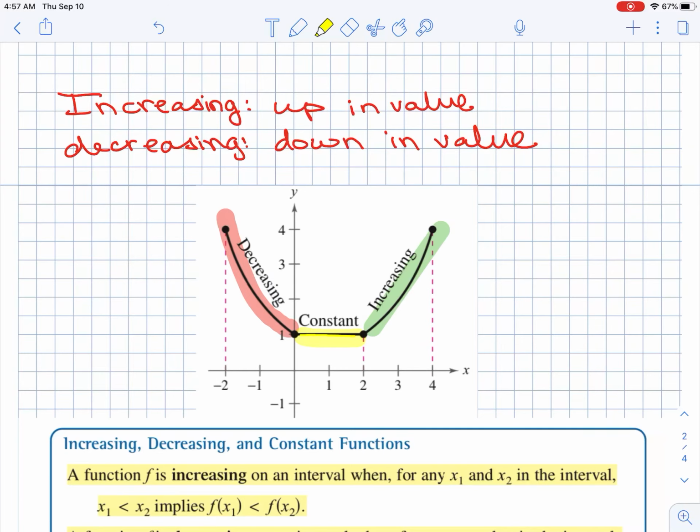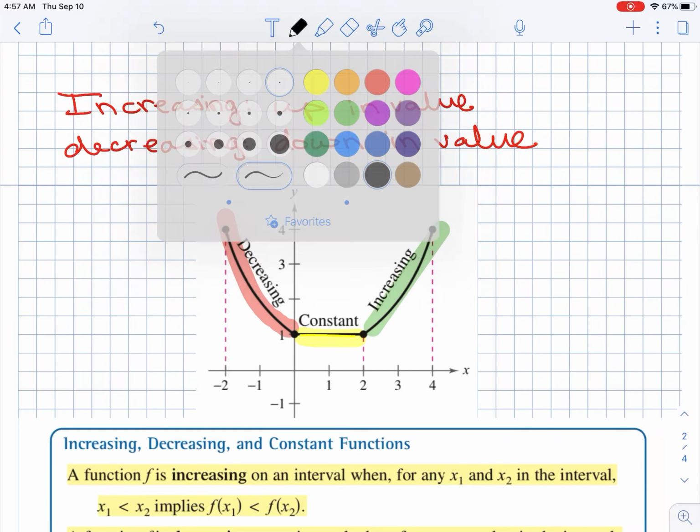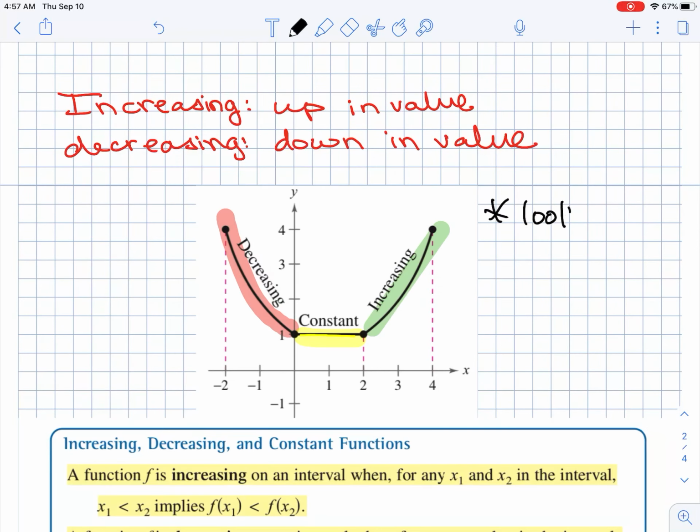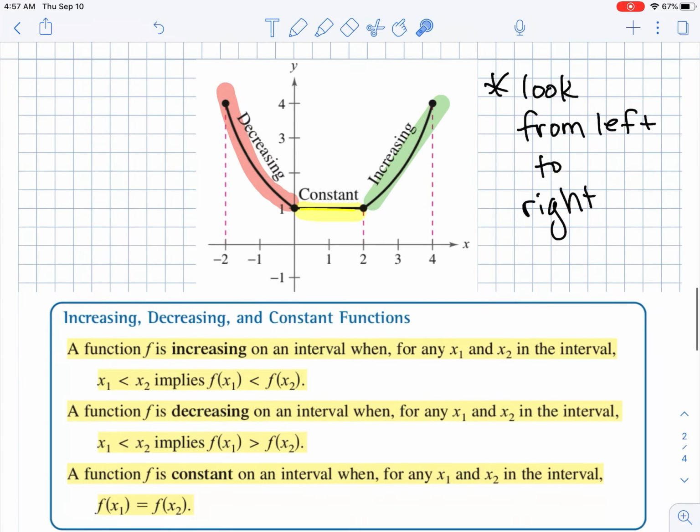So when we look at these graphs, we always look at what's happening from the left to the right. We never want to go backwards. We always want to go from the left values of x to the right values of x and see what's happening in the graph.